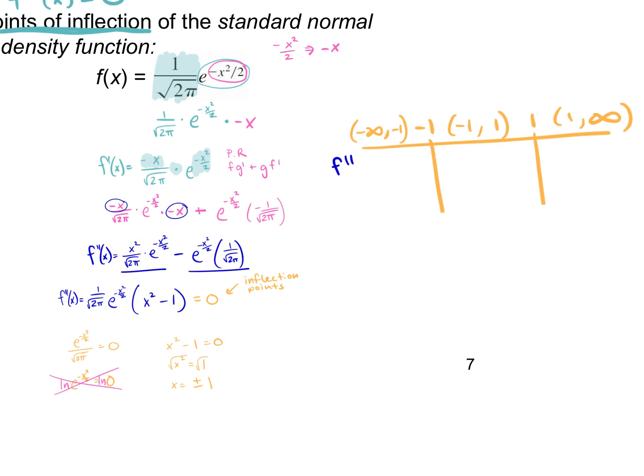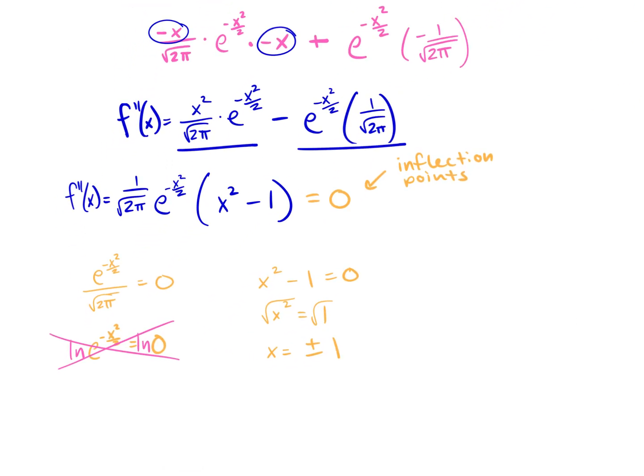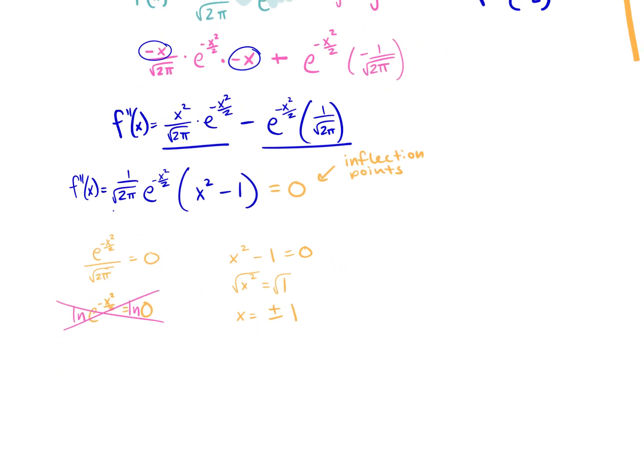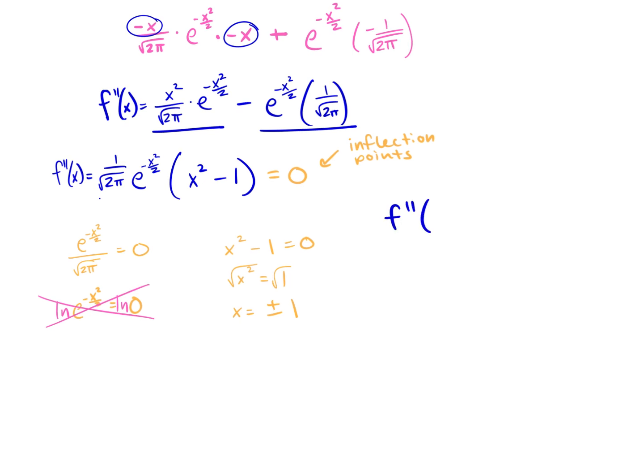So what's a value that we can plug in between negative infinity and negative 1? Negative 2. So we're plugging that into our second derivative. We plug in negative 2 into our e part here. So for f double prime of negative 2, when we plug it into the first part, we end up with a positive number. When we square negative 2, we would get negative 4 over 2, which would be negative 2.